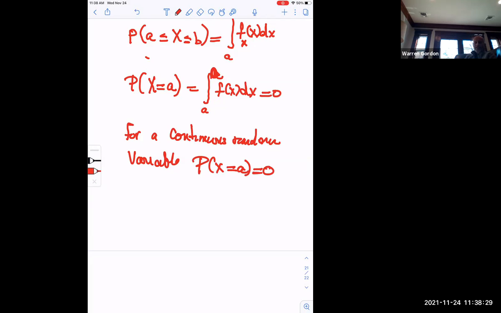Notice in the discrete case, that's the impossible event. This is not impossible in a particular case. It's possible that a light bulb might fail at exactly 2 hours, but its probability would be 0.